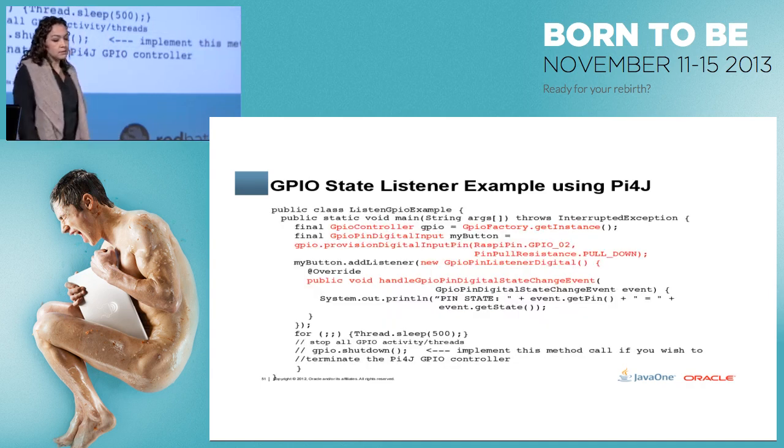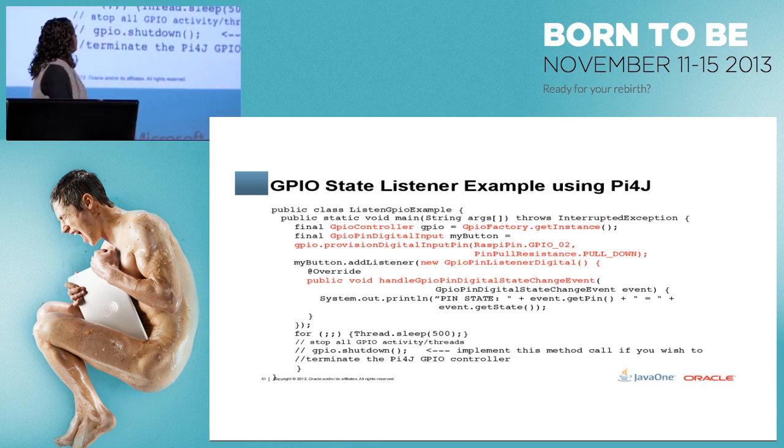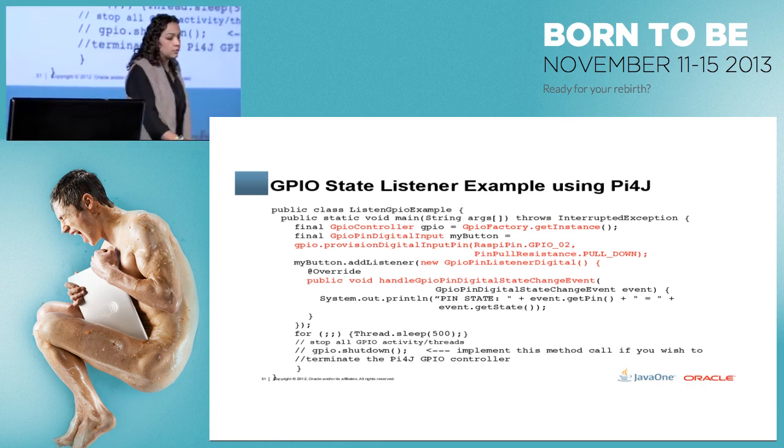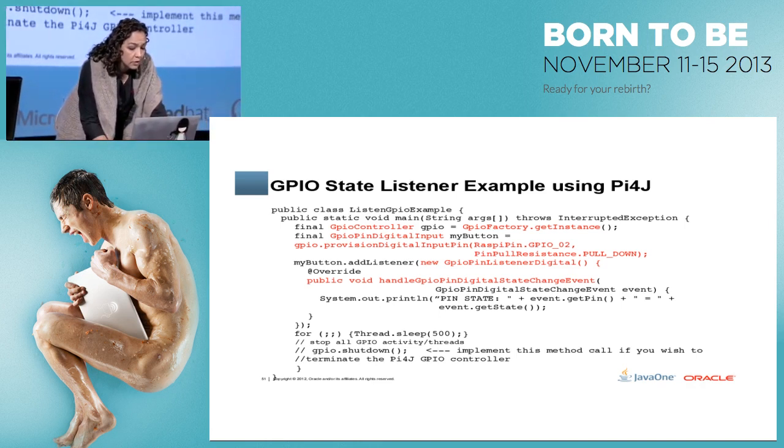And then for programming, this is an example of how you can program GPIOs with Pi4J. You need to get a GPIO controller, and you do so by getting an instance through the GPIO factory. Once you have the controller, you can declare your GPIO input, and then you define what you want to do. What is the GPIO that you're going to use?